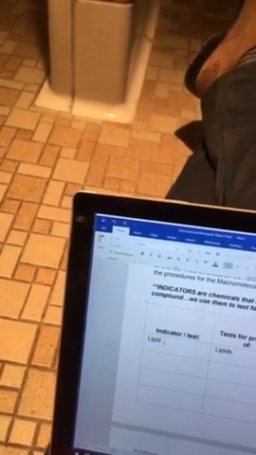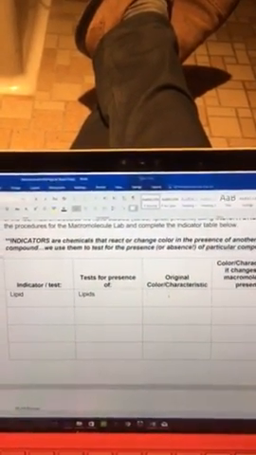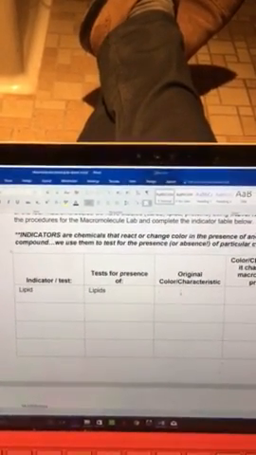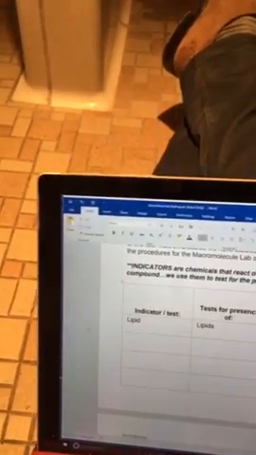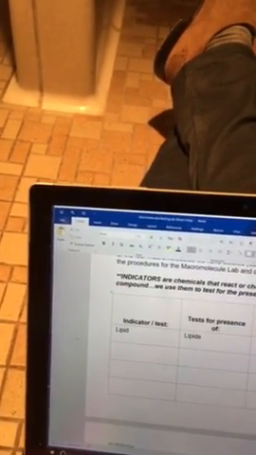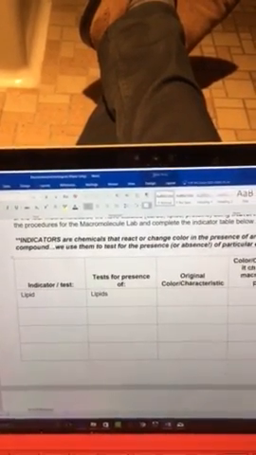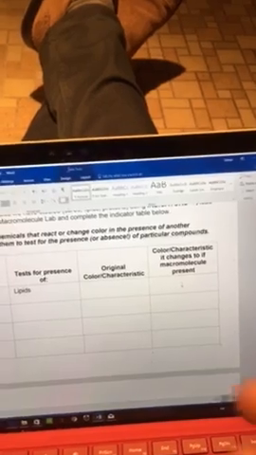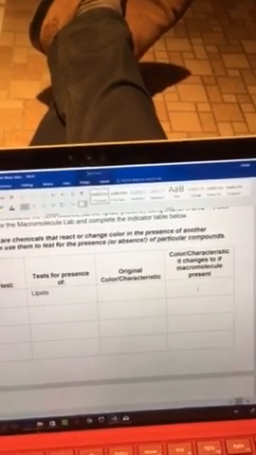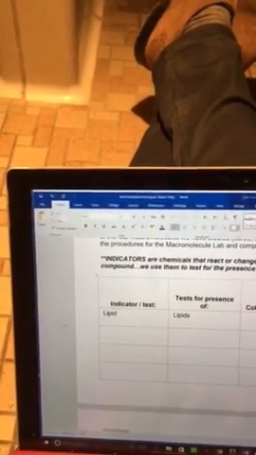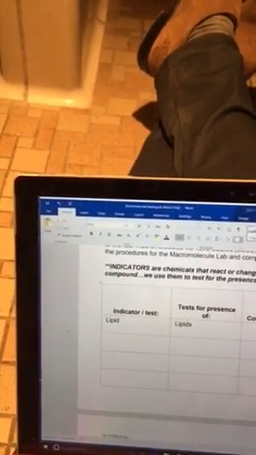You did this with a paper towel, right? The original color characteristics, so obviously if you chose milk, milk is going to be white. So you just write down the original color characteristic. The color that you're looking for, that's going to tell you if you have a positive for a lipid, you're looking for a clear color or see-through.